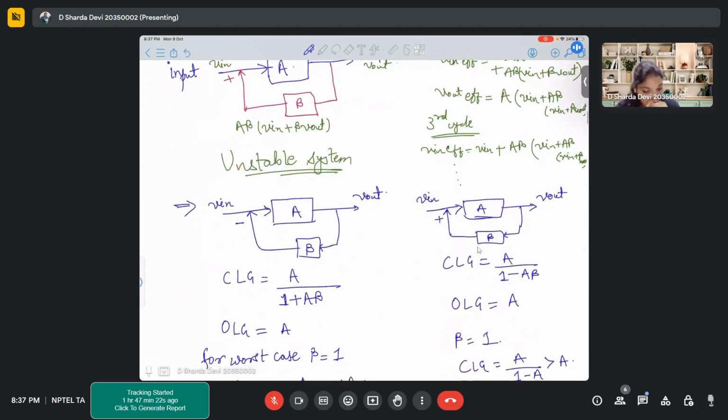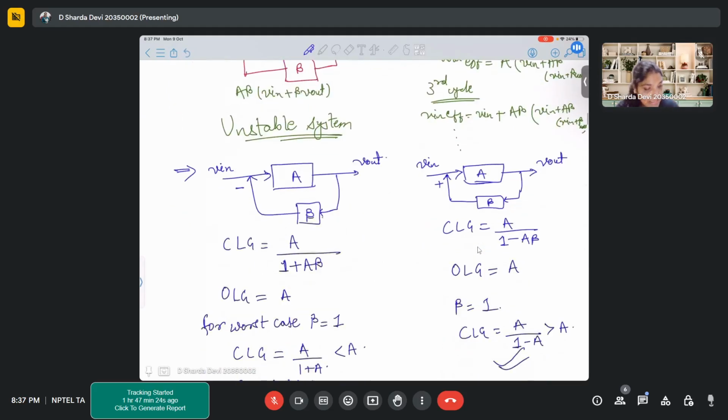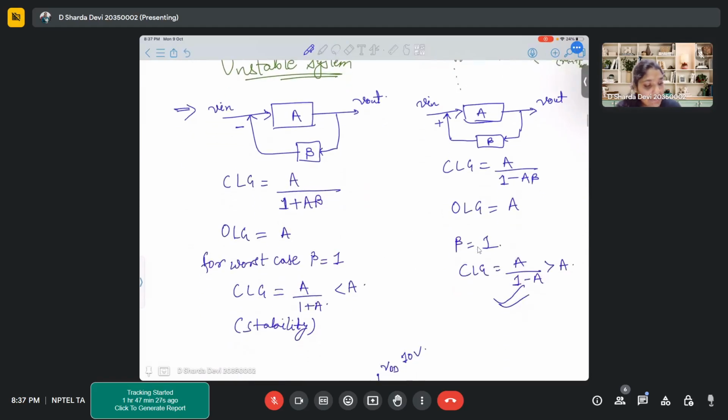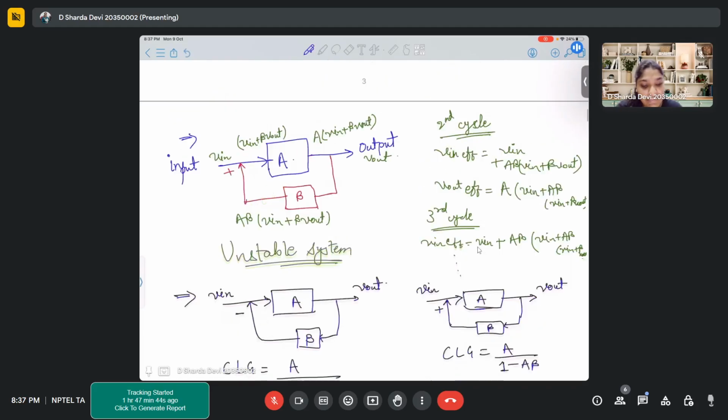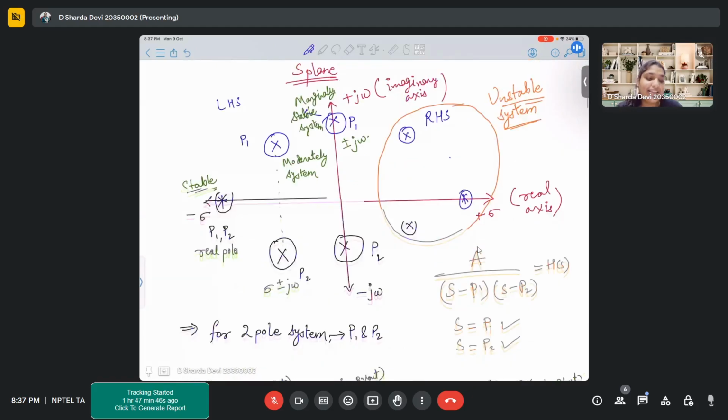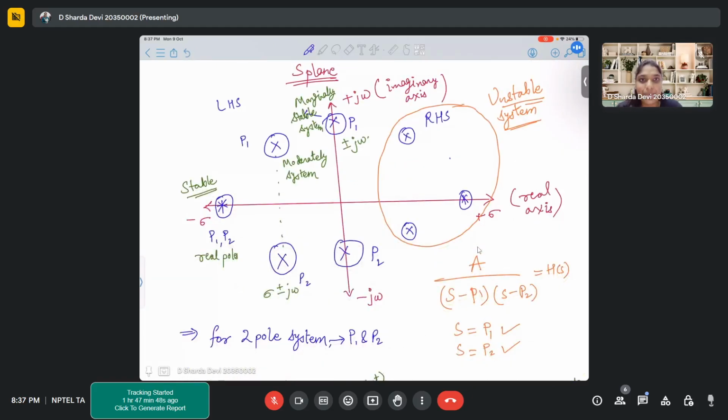In this positive feedback system, if we observe very carefully, the values of your S will always turn out to be positive. And when we say positive, what does that mean? It is basically the real part which is positive, right? Imaginary can be positive and negative, but the real part is positive. And the moment the real part is positive, it is actually on the right side of the plane. And that's why the system becomes unstable.